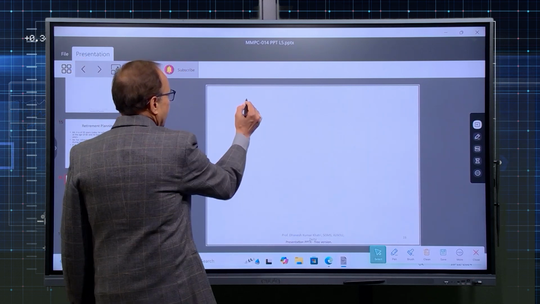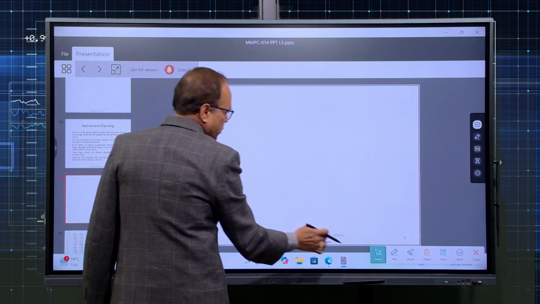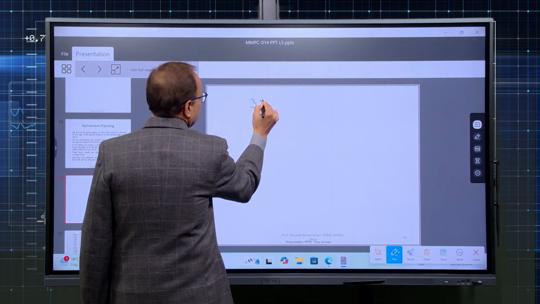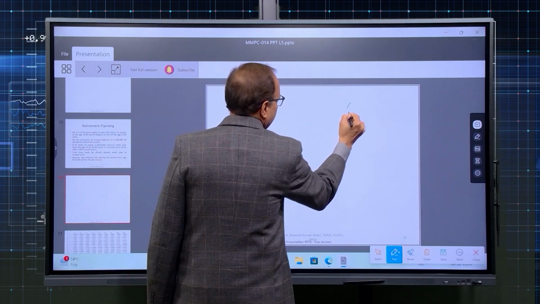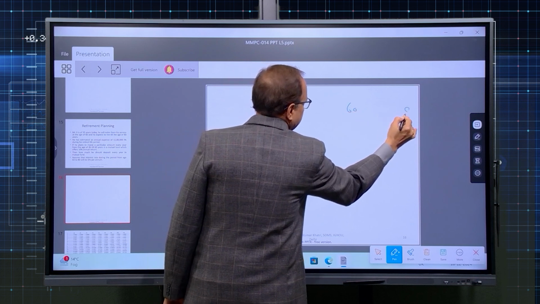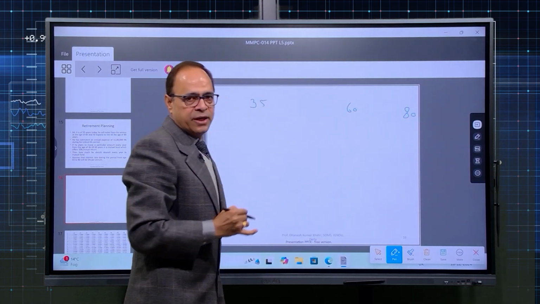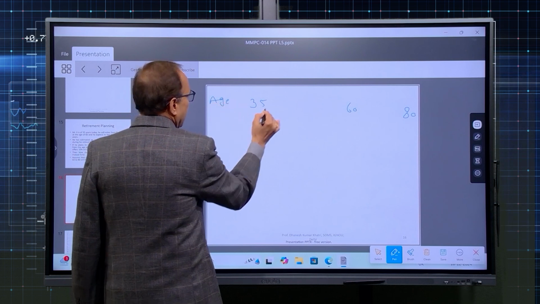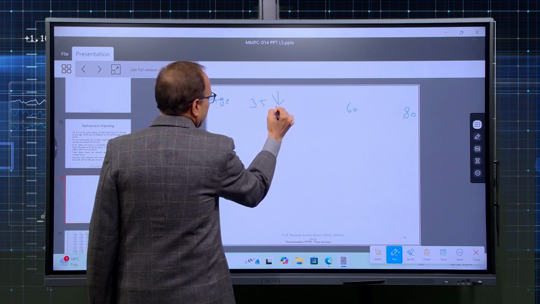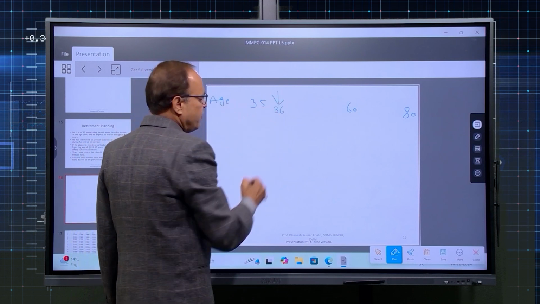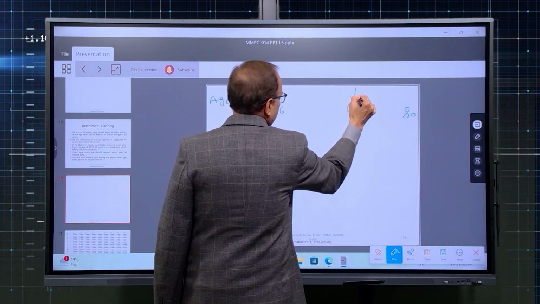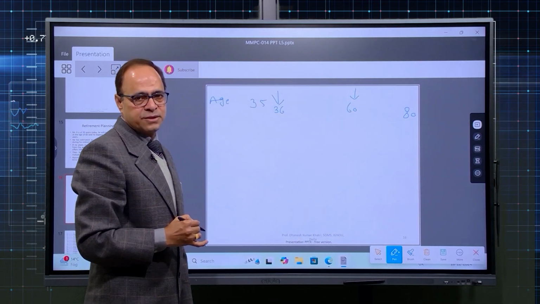Now, if I put the things on his timeline, today he is 35 years old, he will retire at the age of 60, and expects to survive till the age of 80. That is the age timeline. His first deposit will come when he is 36 years old, and his last deposit will come when he is 60 years old.